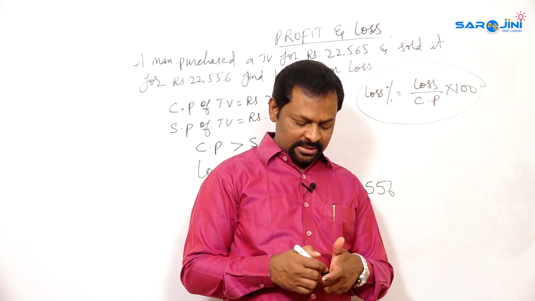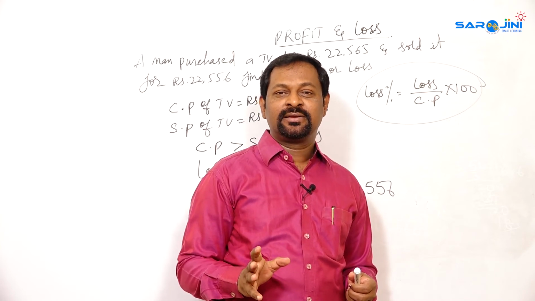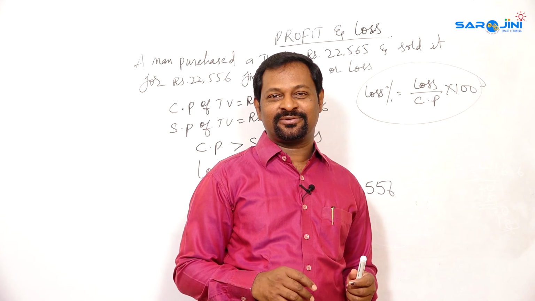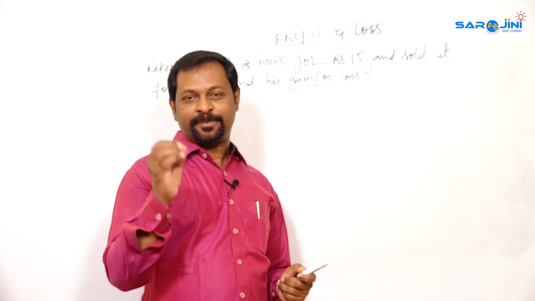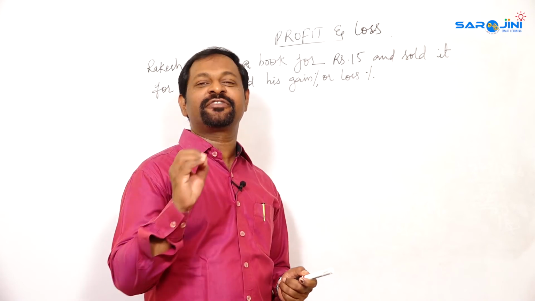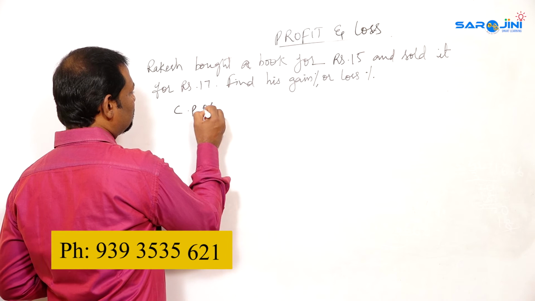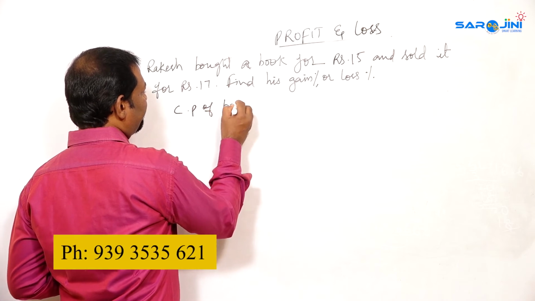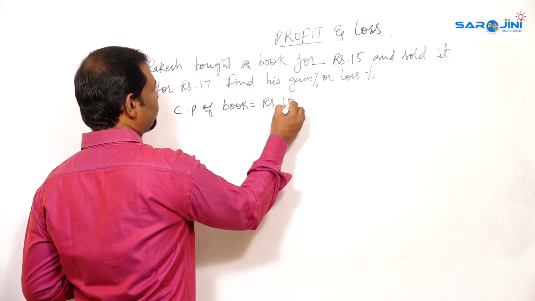With this, I'll give one more example so that you can understand everything in this chapter. Rakesh bought a book for 15 rupees. So he purchased a book from the shop for 15 rupees. That means the cost price of the book is equal to rupees 15.